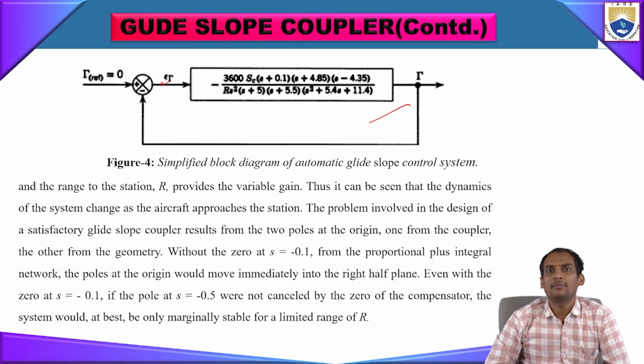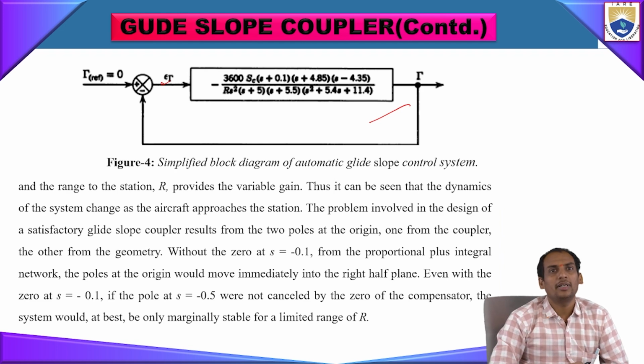So without the zero at s equal to 0.1, if you consider the proportional plus integral network, the poles at the origin would move immediately into the right half plane. Even with the zero at s equal to 0.1, the pole at minus 0.5 will not be cancelled by the zero of the compensator.